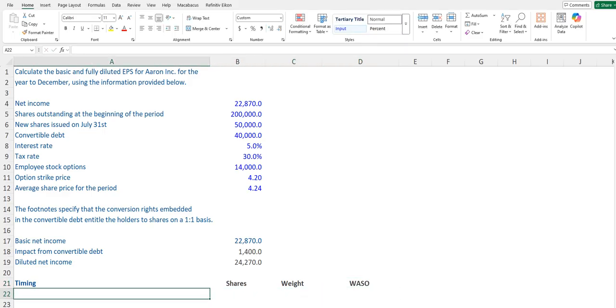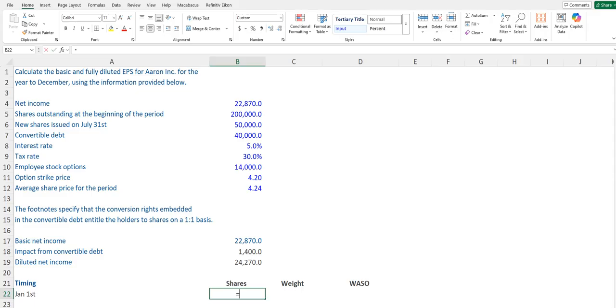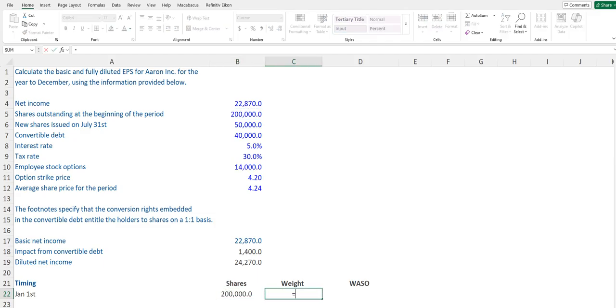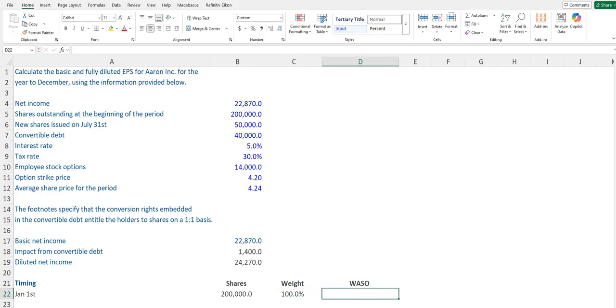For the timing, we start with January 1st, and we know the beginning shares are 200,000, and then the whole year is 12 months over 12 months. To calculate the WASO at that time, you just multiply the weight by the shares.